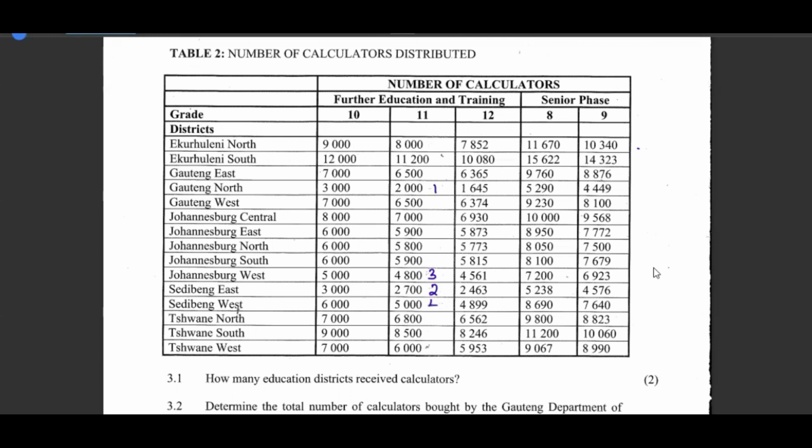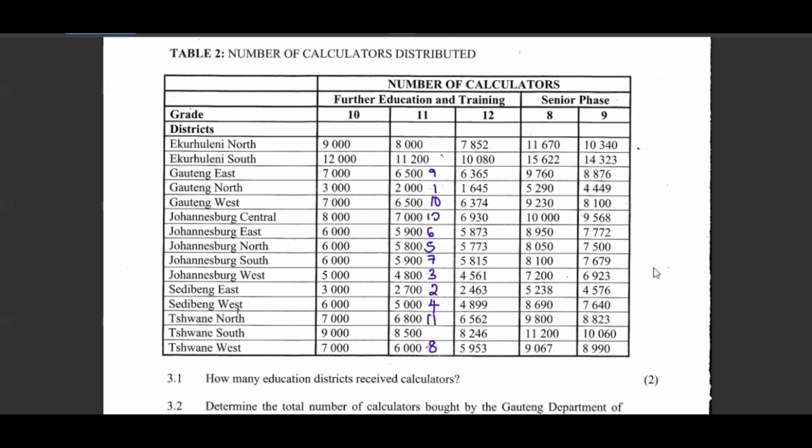Yeah, this becomes 4, 5, 6, 7. We have 8, we have a 9, 10, 11.